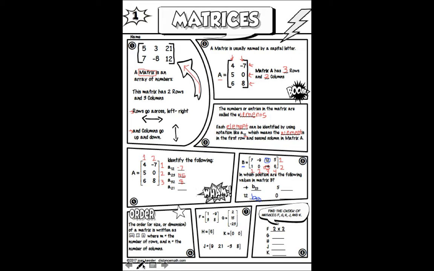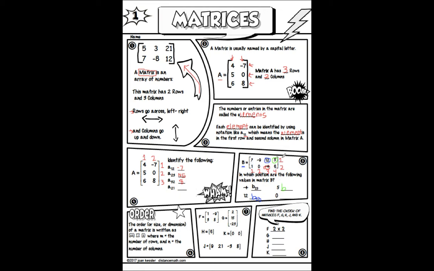All right, so for number 5. I'll do it in green. Number 5 is, of course, going to be lowercase b, because this is matrix B that I'm talking about.